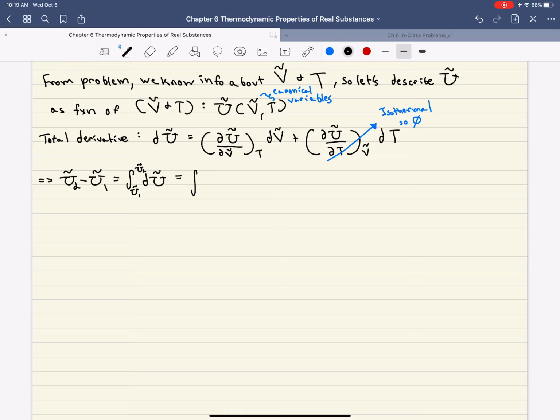And if we're integrating the dU from U1 to U2, then we would have to integrate the right-hand side as well. And we're integrating it with respect to molar volume. So we would have to go from molar volume 1 to molar volume 2. Okay?